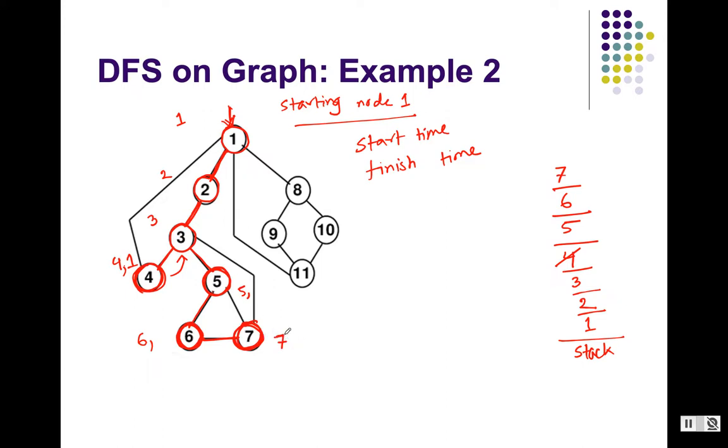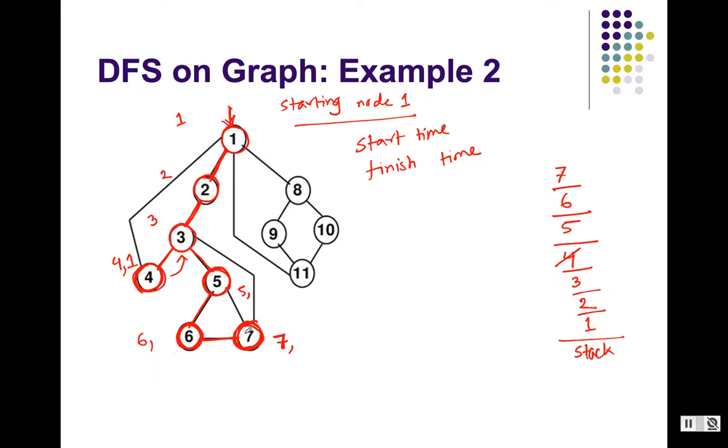From 7 we cannot go any deeper, because 7's neighbors, 6 and 5, are all already visited.